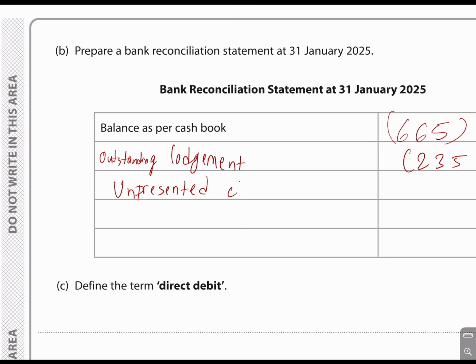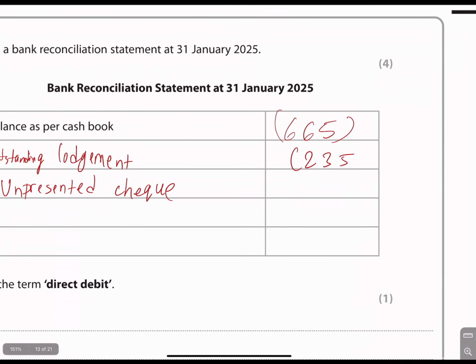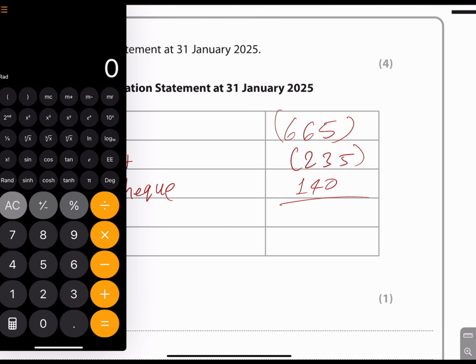So unpresented check, how much is it? It's 140, so we add 140. So it's negative 65, minus 235, plus 140, so we get negative 760.